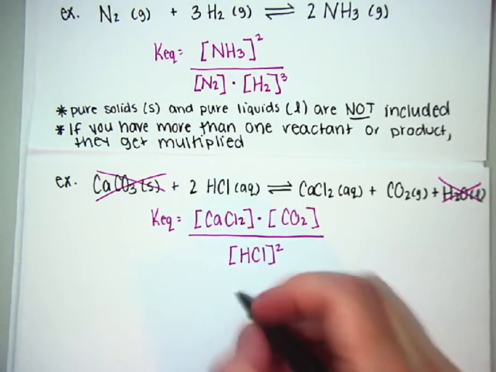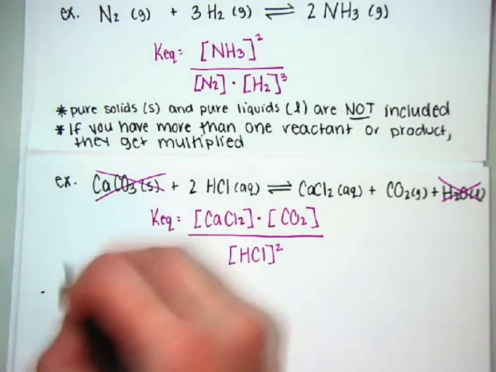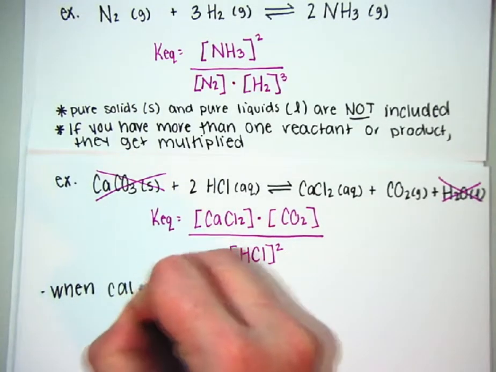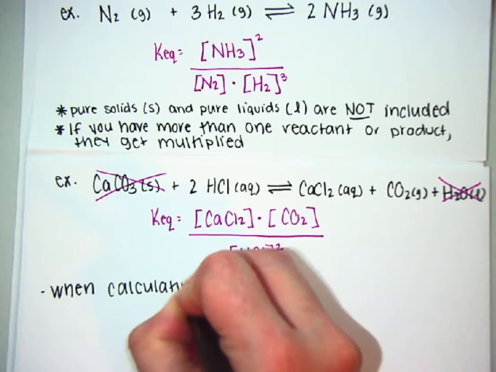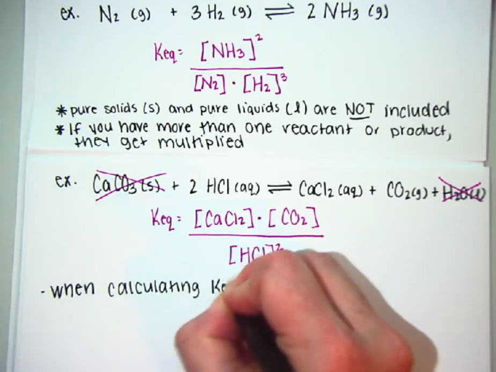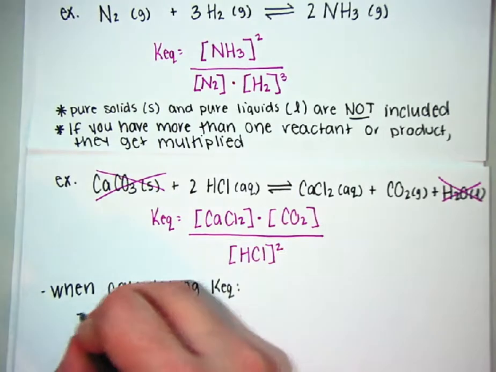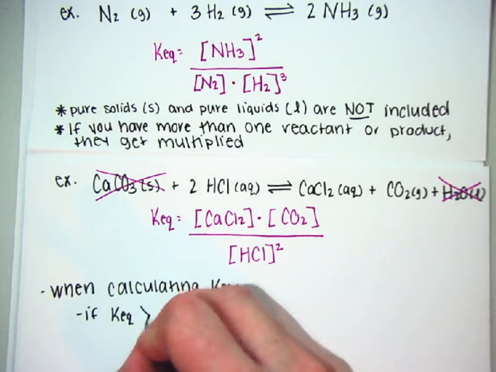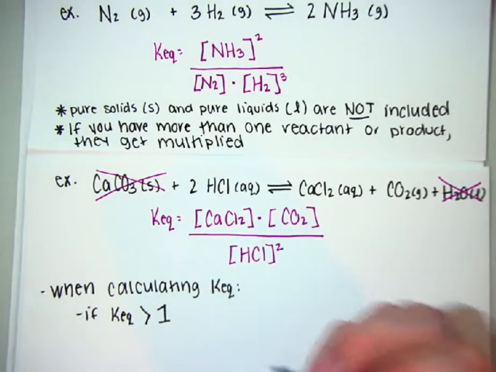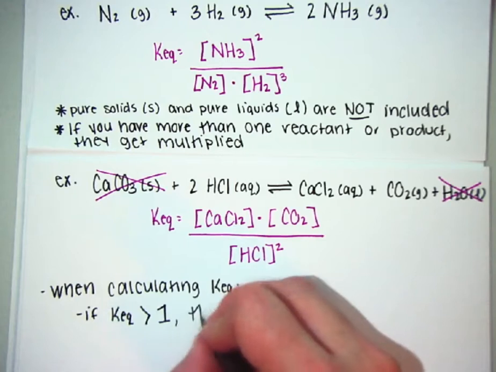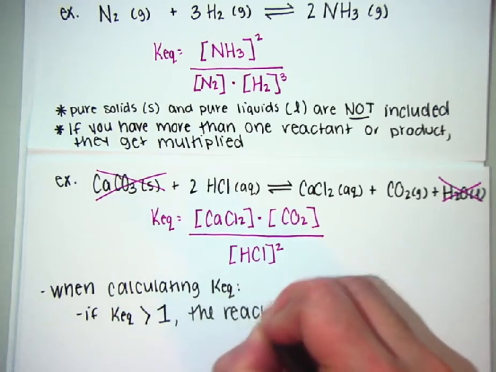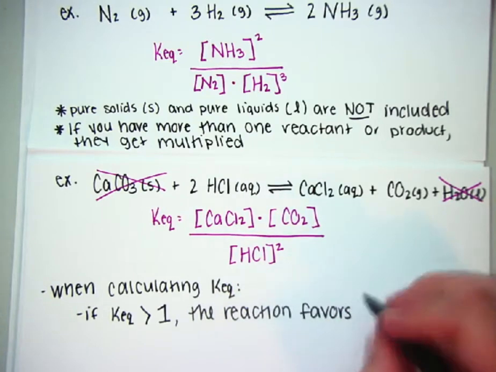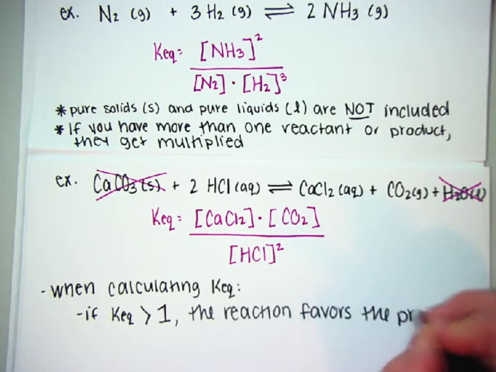We're going to do some calculations, and after you do calculations, you're going to have to make a prediction. When calculating KEQ, if KEQ is greater than 1, the reaction favors the products.